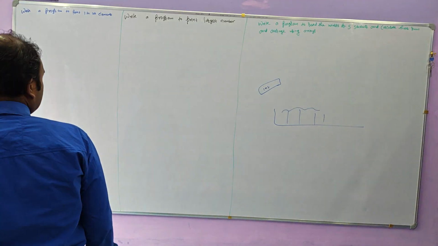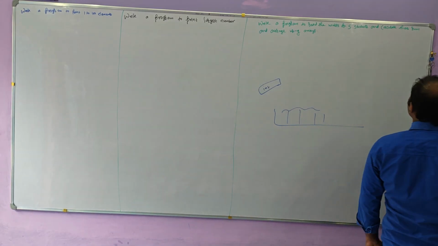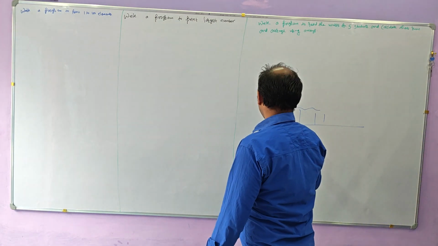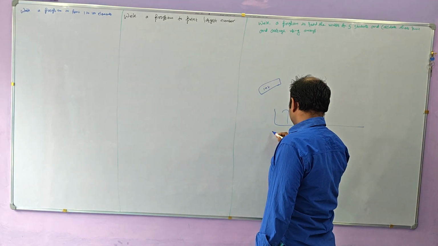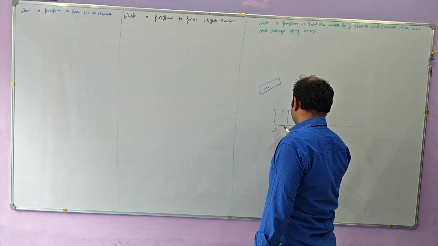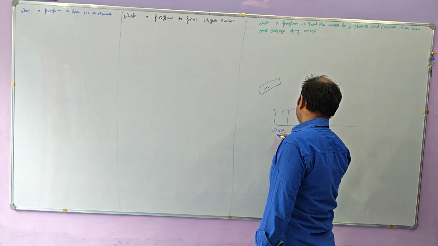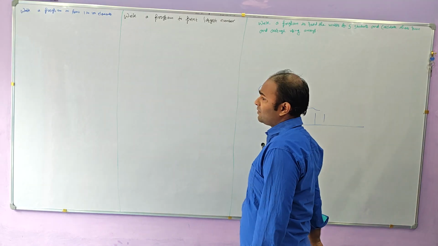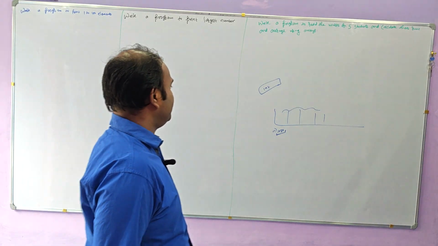An array also has an internal pointer that points to the address of the first element. Suppose we have address 1000, the array points to 1000 as the base address of the first element.